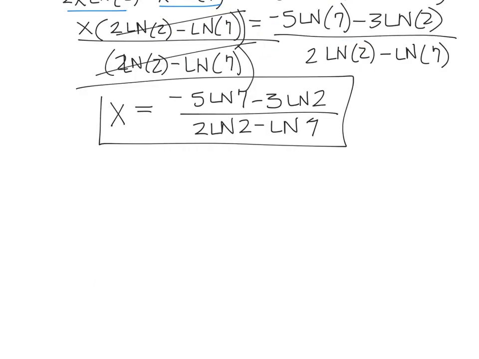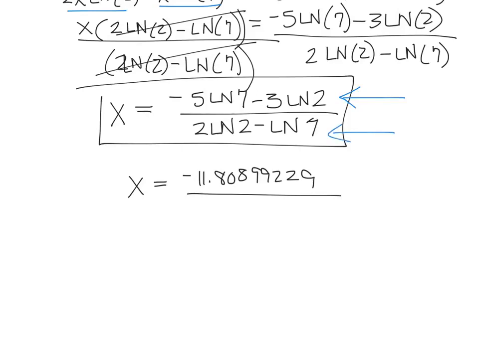Now I want to write the answer in decimal form. In order to do that, you're just going to use your calculator and do negative 5 times the ln of 7 minus 3 times the ln of 2. When you do that calculation, you should get negative 11.8089929, and that's going to be divided by 2 times the ln of 2 minus ln 7.